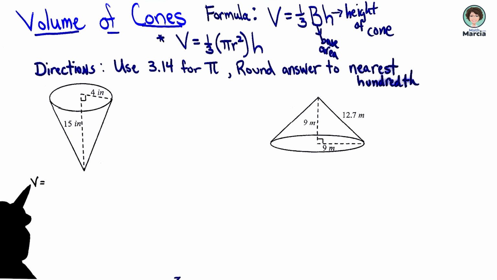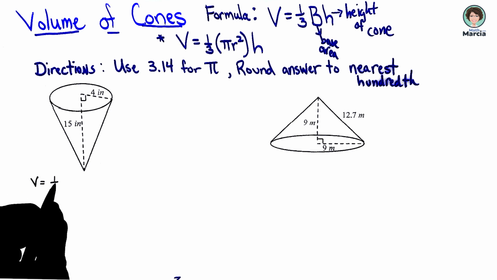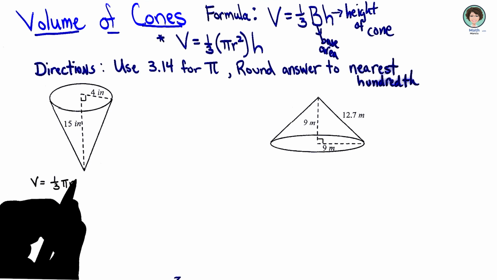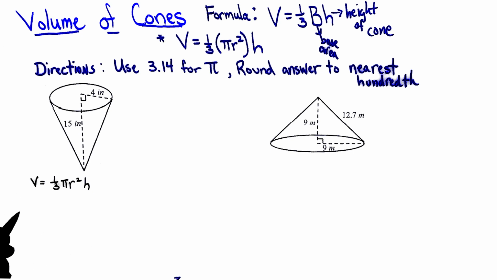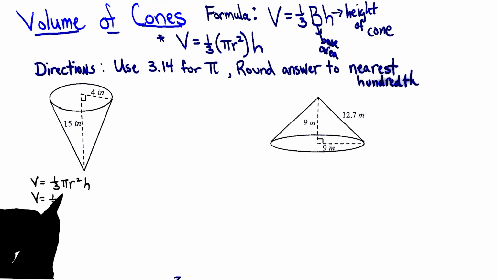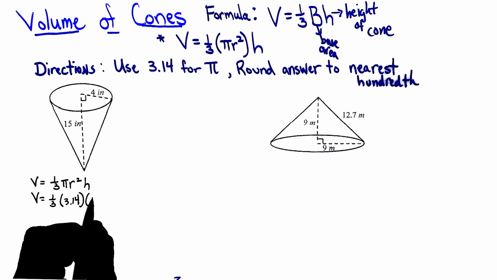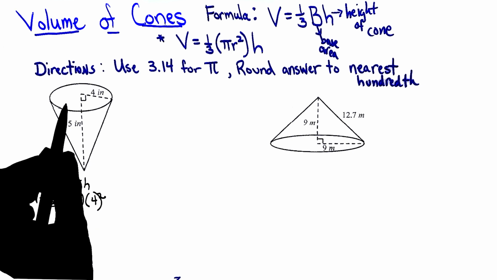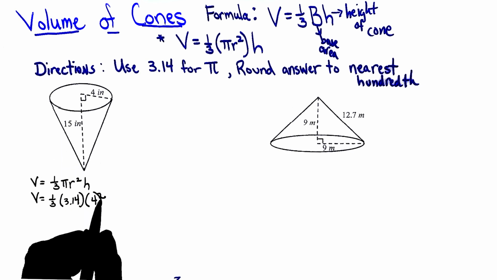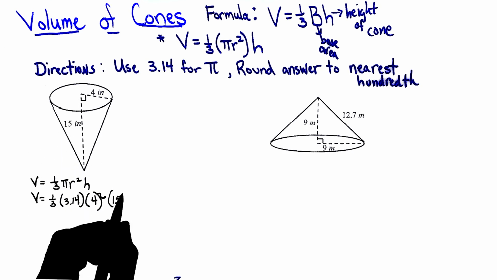Volume is equal to 1/3 pi r squared h. So our volume is equal to 1/3 times 3.14 for pi. The radius of the circle is 4, and we have to square that. And then the height of the actual cone is 15.